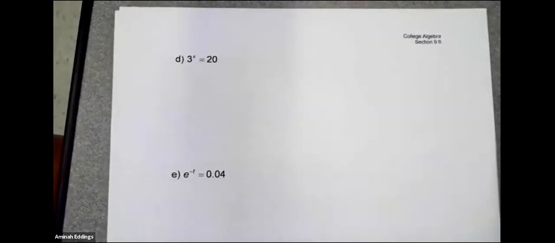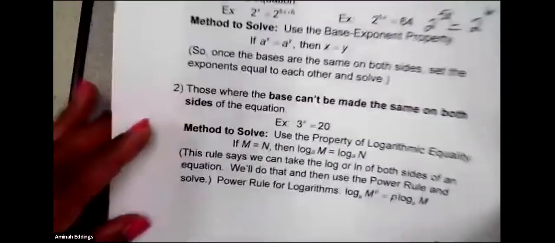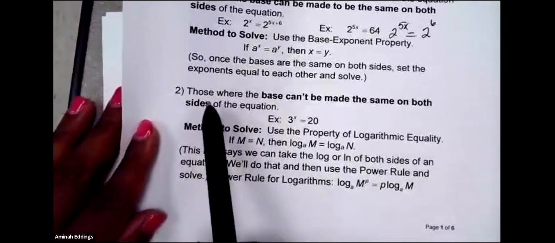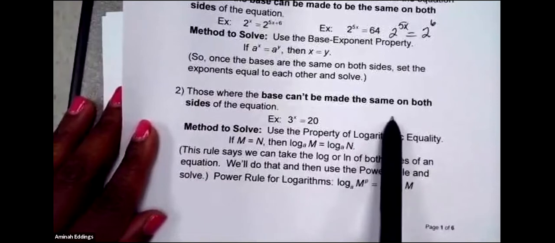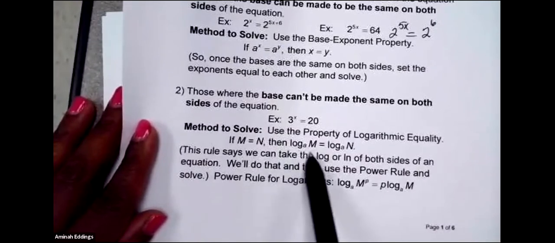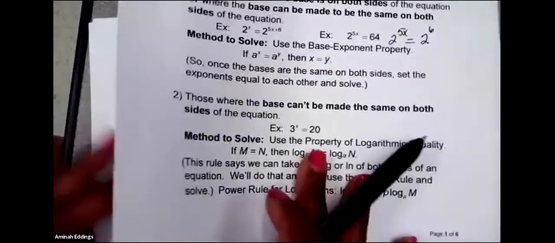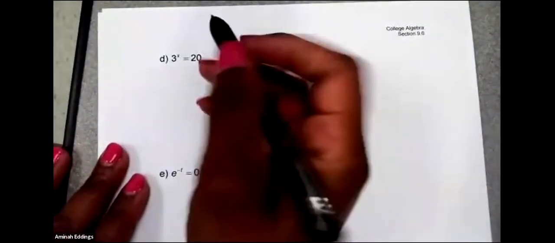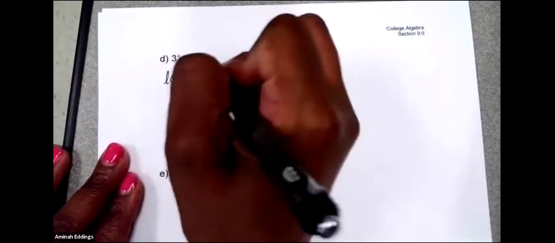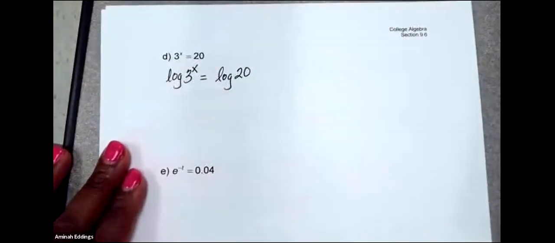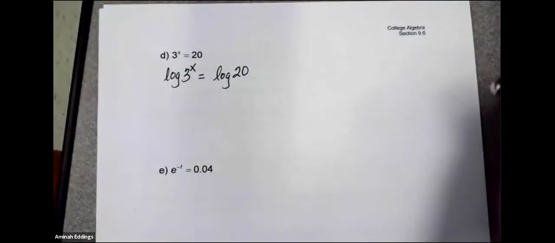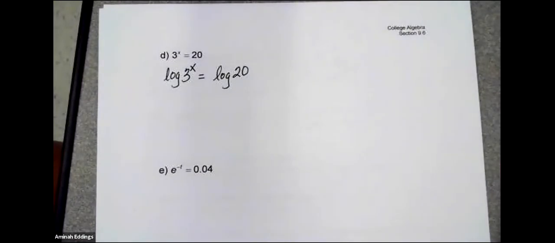So now this is going to be that second type, where my bases can't be made the same. So what I'm going to do is take the log of both sides. The property says if I take log 3 to the x is equal to log 20, I am still keeping my equation balanced.